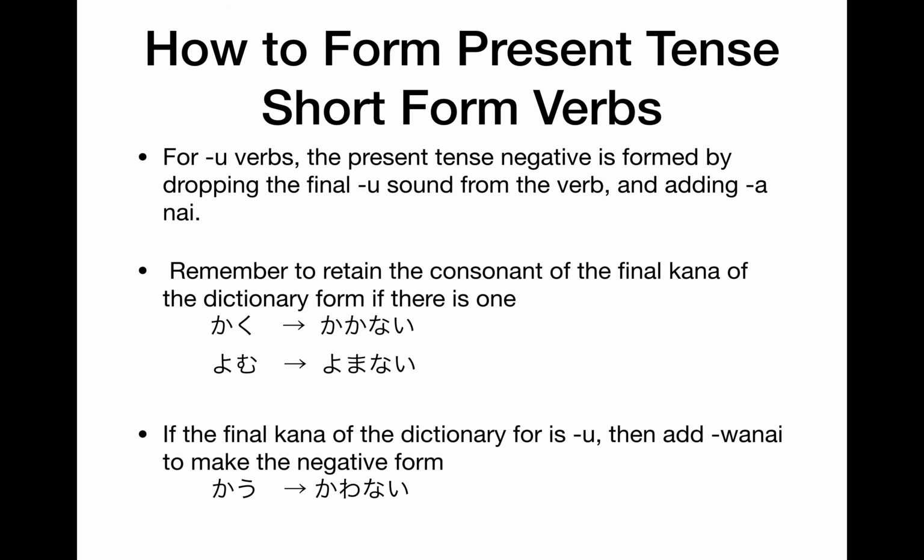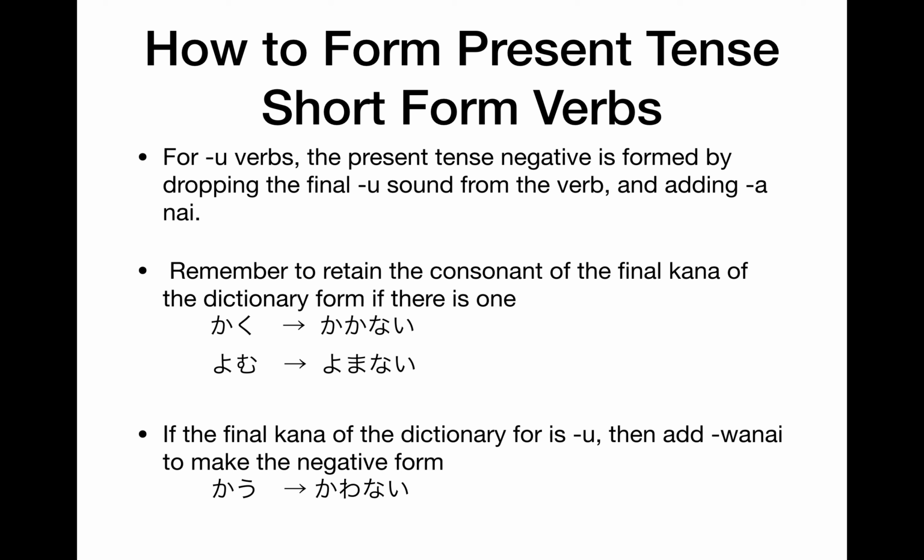When we are working with u-verbs, it's a little more complicated. Remember, the dictionary form is still the present tense affirmative form. The present tense negative is formed by dropping the final u sound from the verb and adding anai. But if there is a consonant in that final syllable or final kana of the dictionary form, you have to remember to hold on to that, just like you did when you learned how to create the -masu forms.